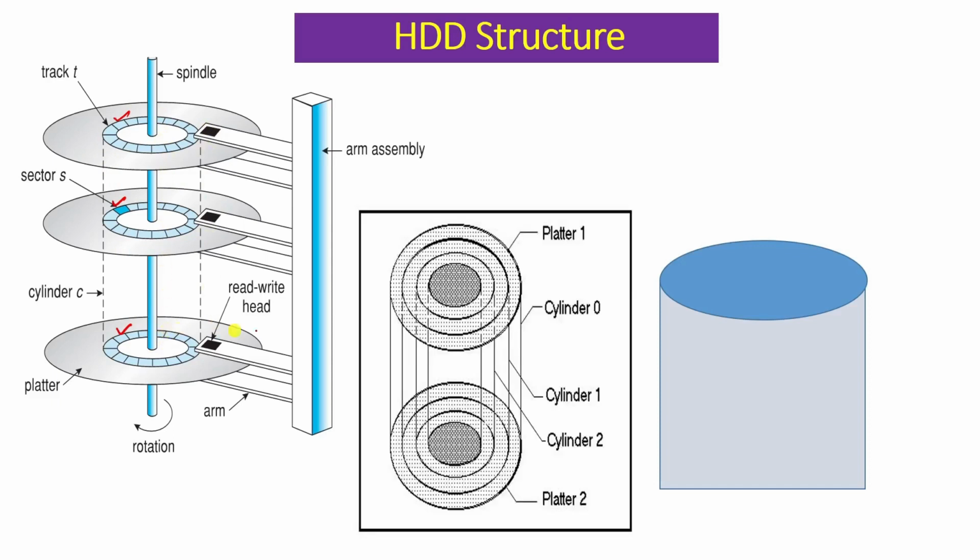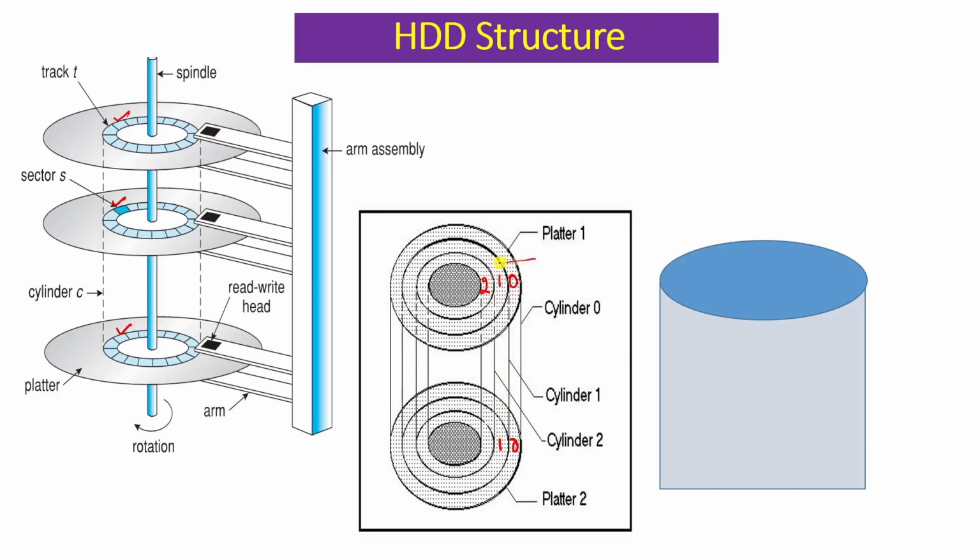If you look at this diagram, here you can see one platter and the next platter. In this platter we have different concentric circles called tracks, and each track can be further subdivided into small sectors. The numbering starts from the outer position, so this is cylinder number 0, this is cylinder number 1, and this is cylinder number 2.